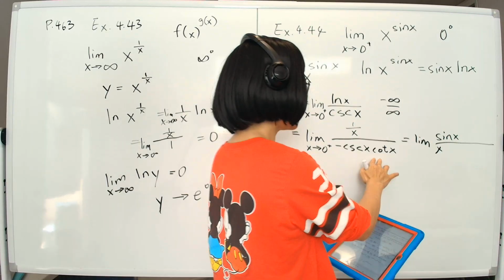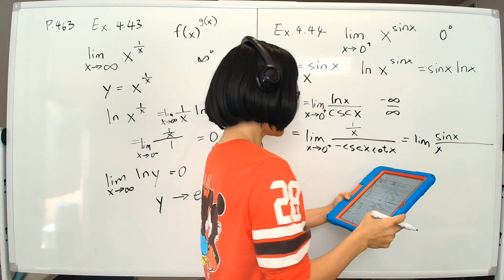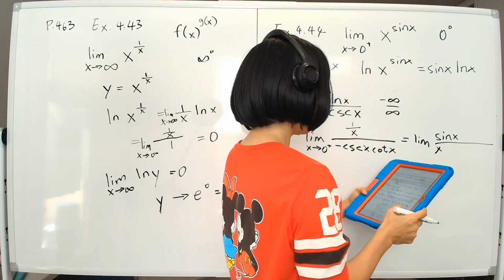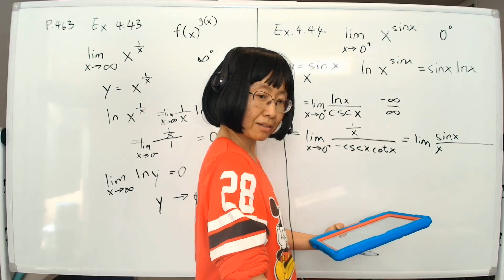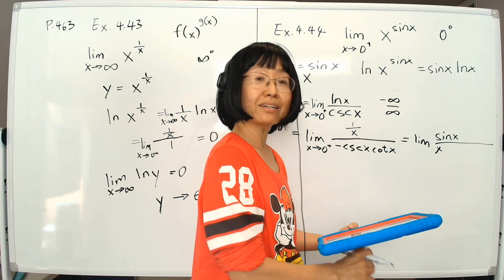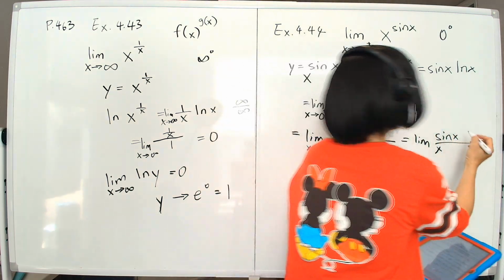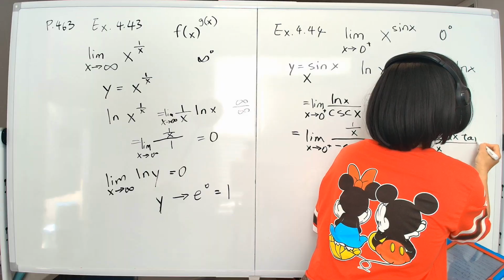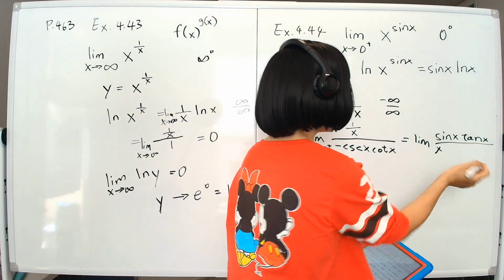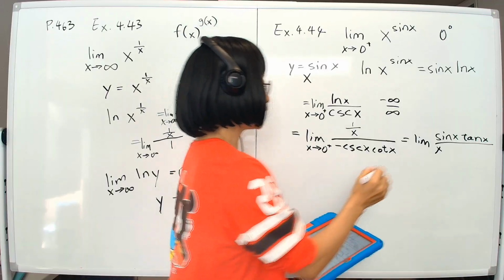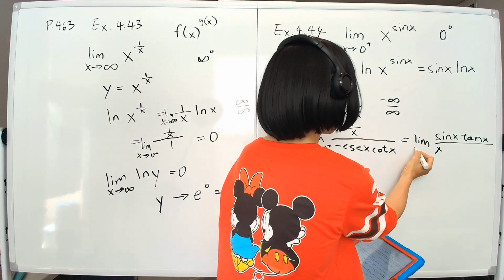And cotangent is 1 over tangent, so the tangent goes up there on top. All right, so far so good, and the limit still applies as x approaches 0.